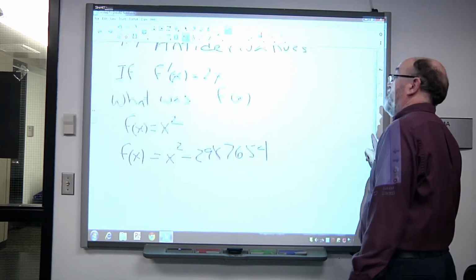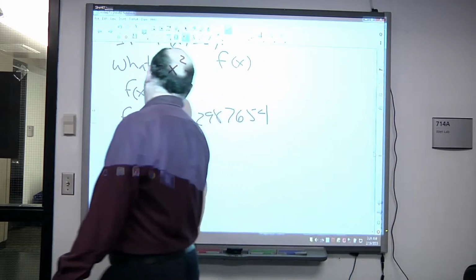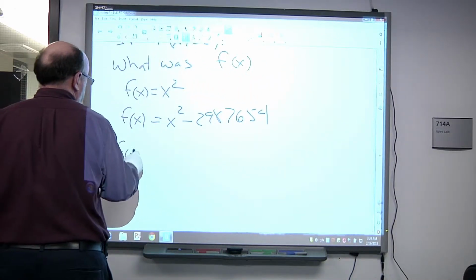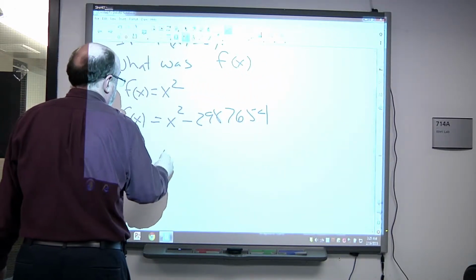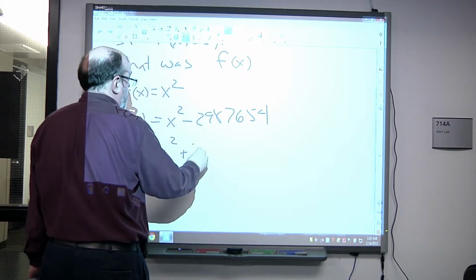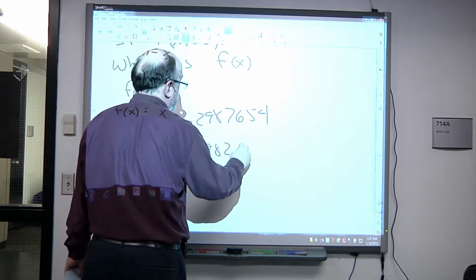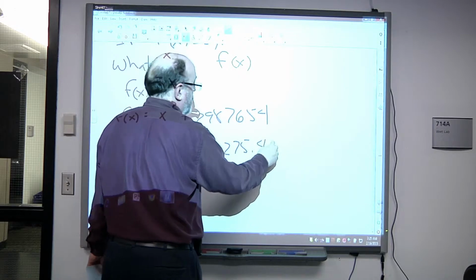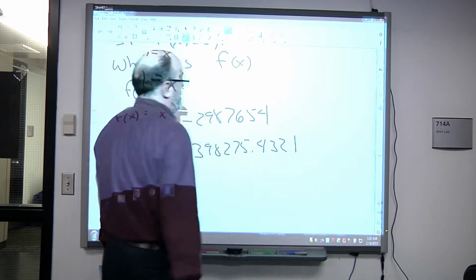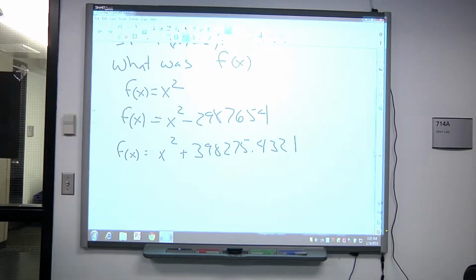Or it could be that f of x was x squared plus 3,982,75.432, right? All of those are possible, and there are more than that. It could have been any of those.